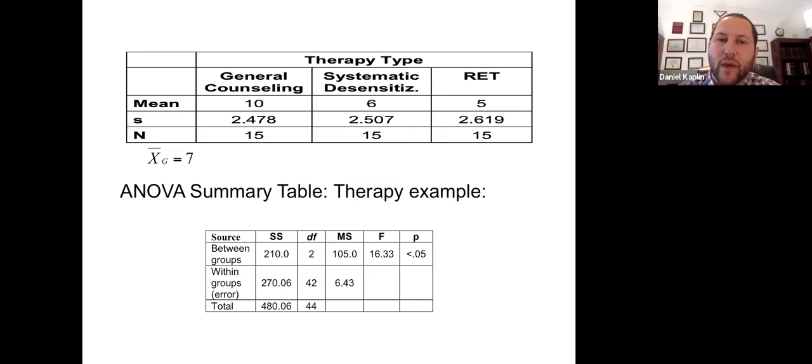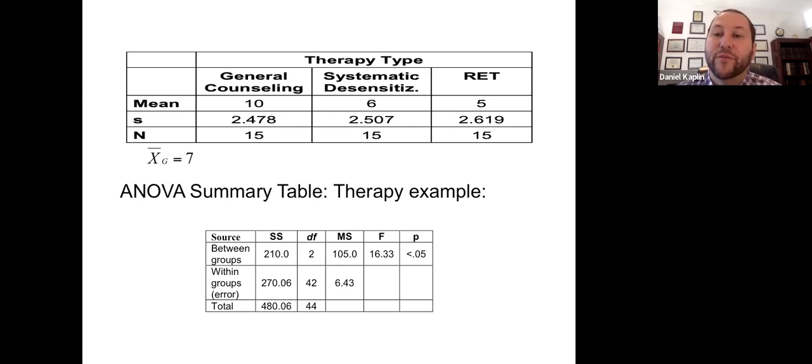We were asking whether general counseling, systematic desensitization, or rational emotive behavioral therapy differed significantly on treatment outcomes. So we're going to suggest that the lower number is a reduction in phobias.